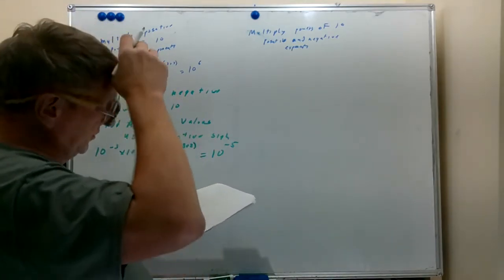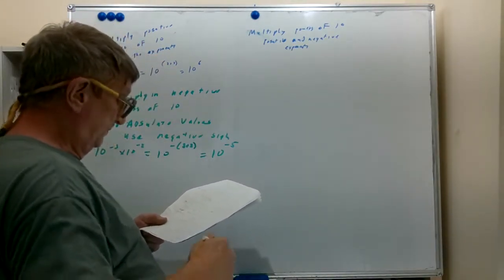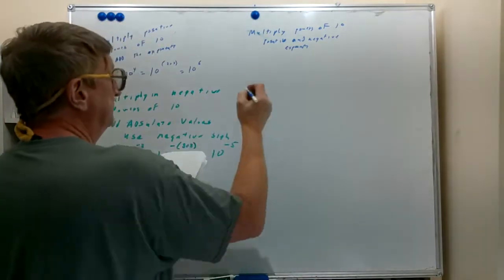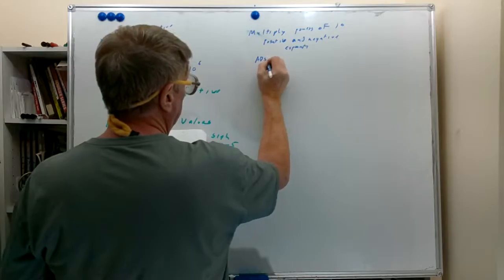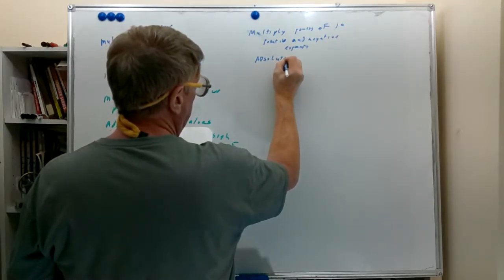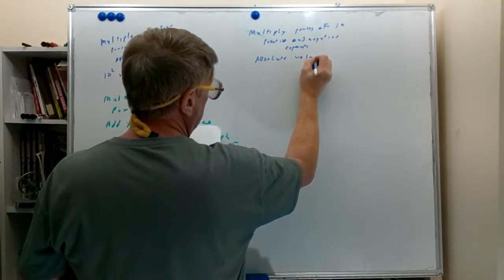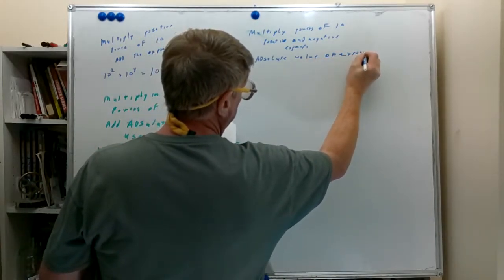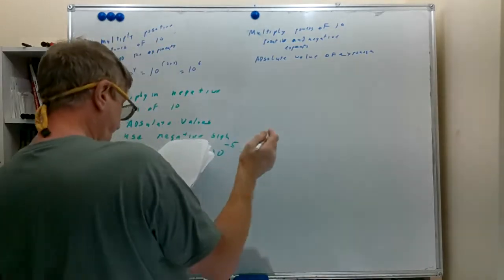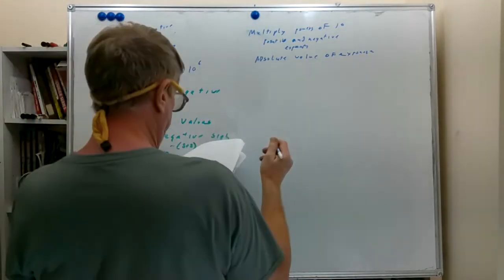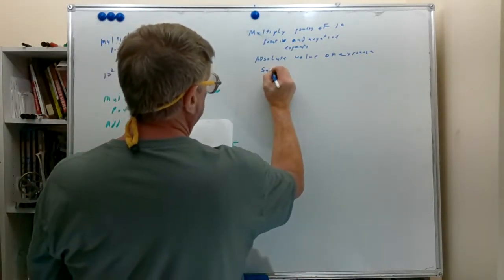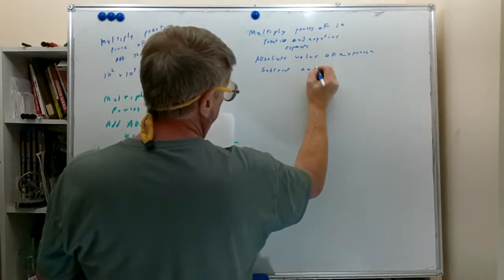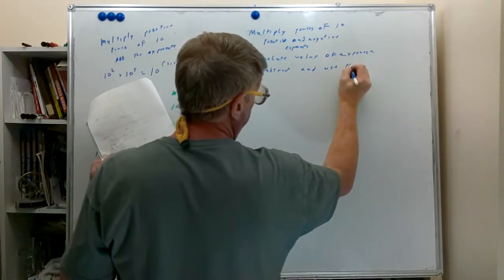So what we want to do is take the absolute value of the exponents, subtract, and use the sign of the largest.